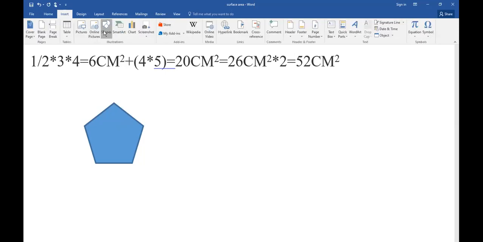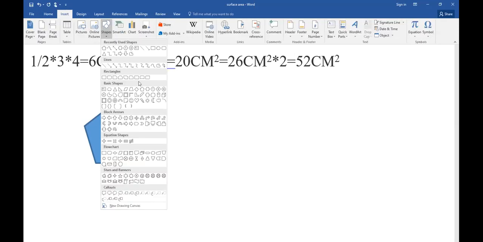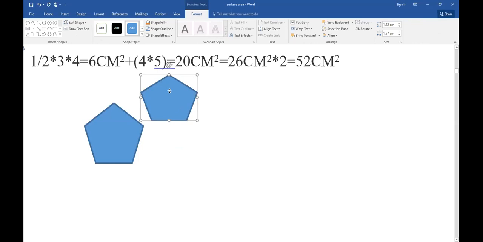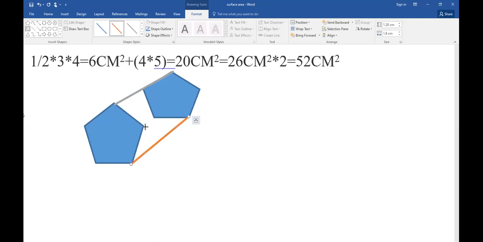I want to show you this. The other one is on that side. So what was happening here is you would join this, and then you join here, then you join here.